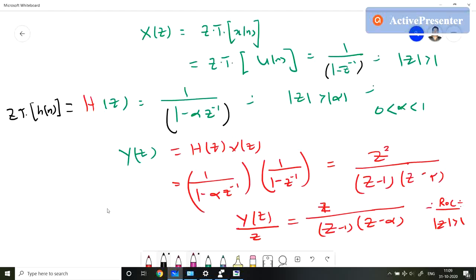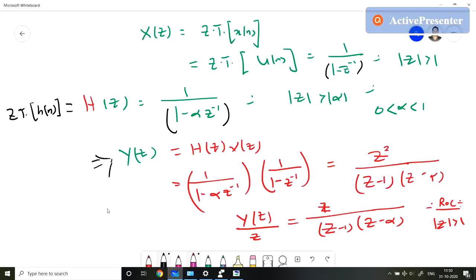Y(z) is equal to H(z) multiplied by X(z). So H(z) is 1 divided by 1 minus alpha z inverse, and X(z) is 1 divided by 1 minus z inverse. Now it is written as z square divided by (z minus 1)(z minus alpha).